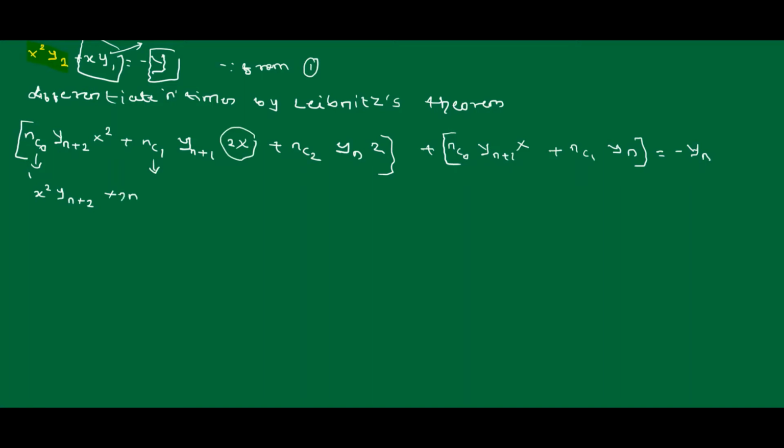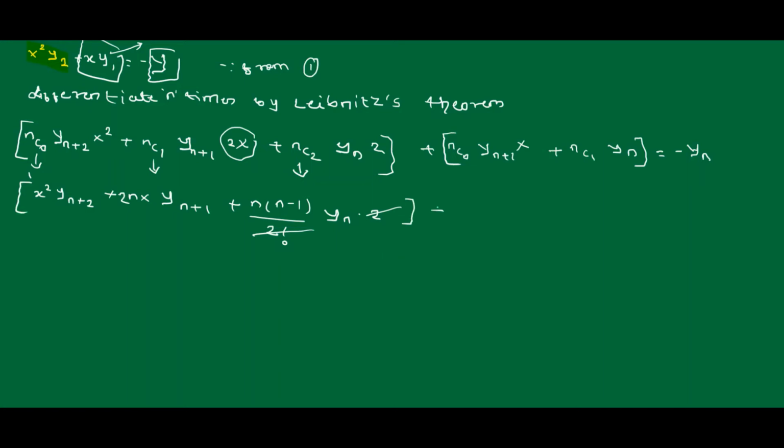So I will write here 2nx y(n+1). The value of nC2 is n(n-1) divided by 2 factorial, times yn into 2. This 2 factorial and this 2 get cancelled. So this is the first bracket.